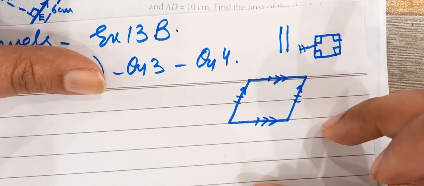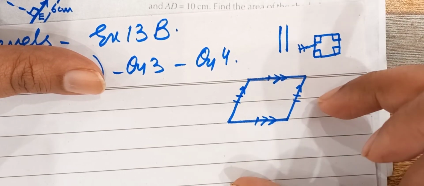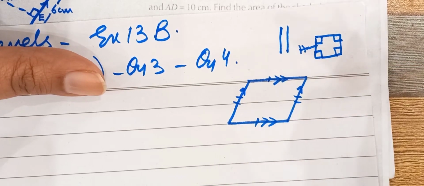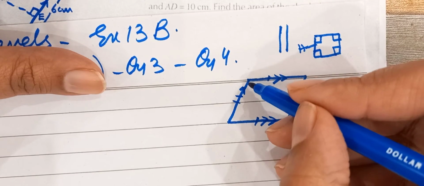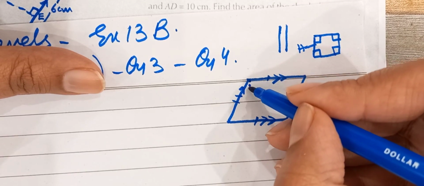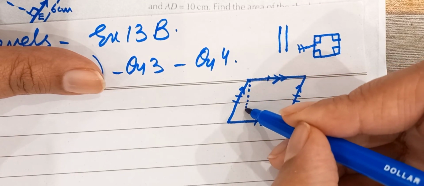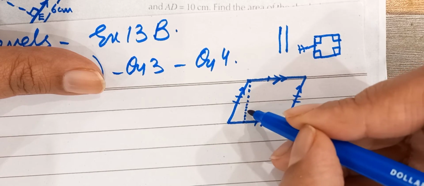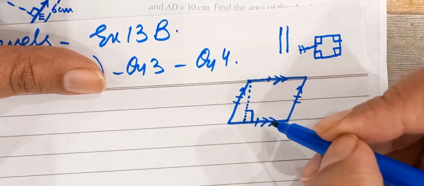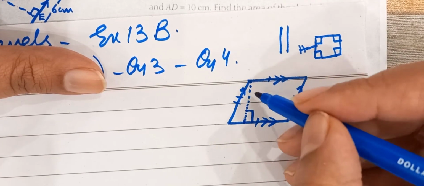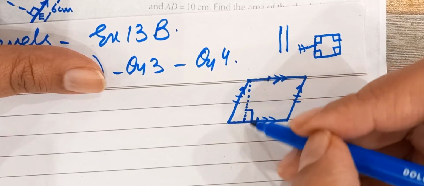But in a parallelogram, we have to identify the height first. So any line which is drawn inside a parallelogram, starting from one vertex and reaching the base and making an angle of 90 degrees with the base, is the height.